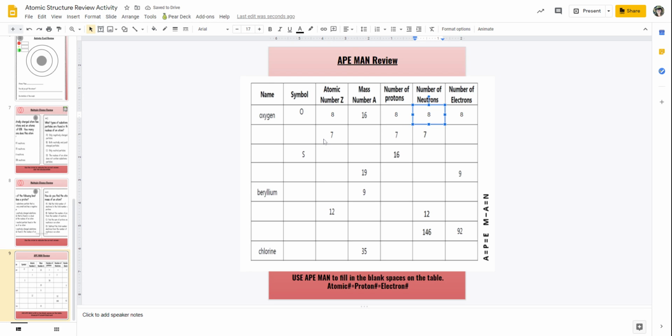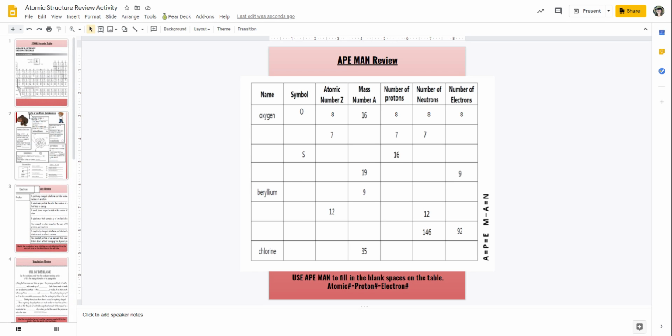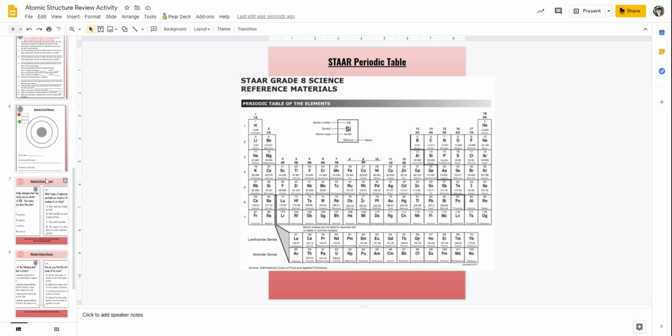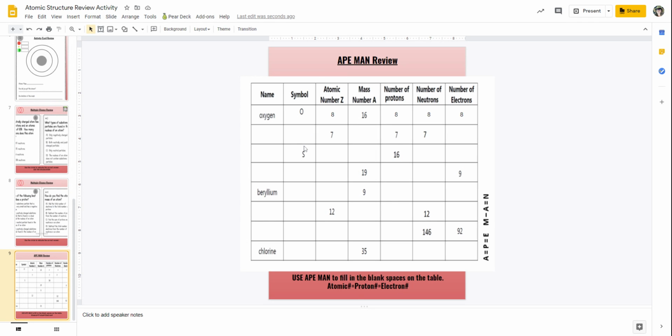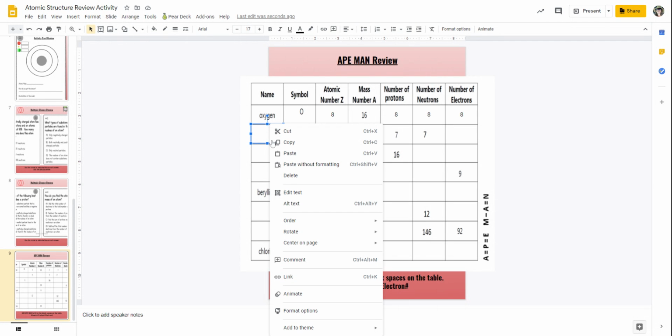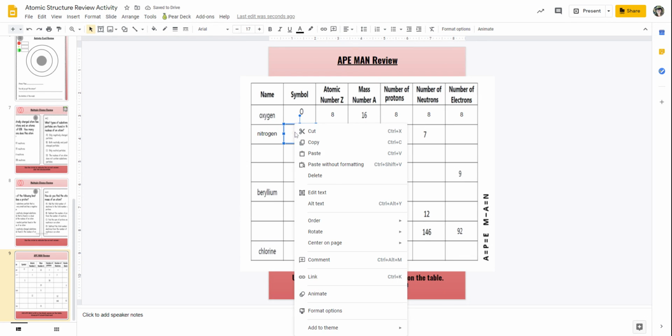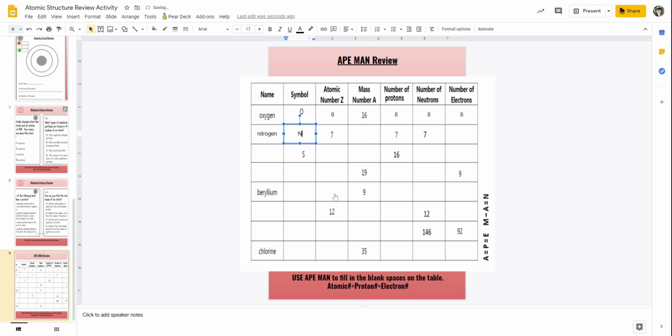So there's that one. Now, on the next one, it doesn't give me the name or the symbol, but it does give me the atomic number. Well, if I know the number at the top, that's 7, then I know what it is. It's nitrogen. So then I come back over here, and now I'm going to type in the name, nitrogen, and then I have the symbol in.